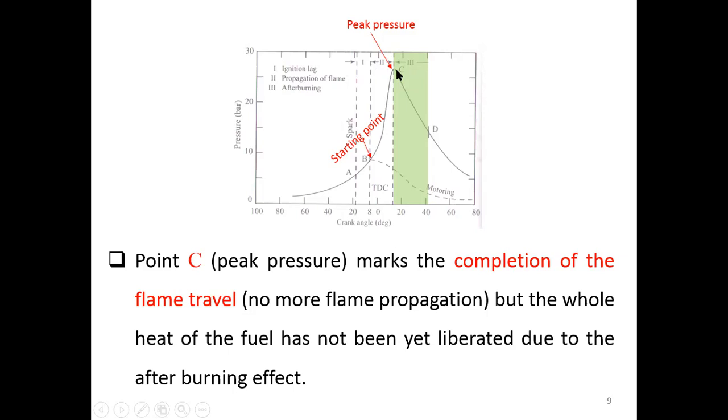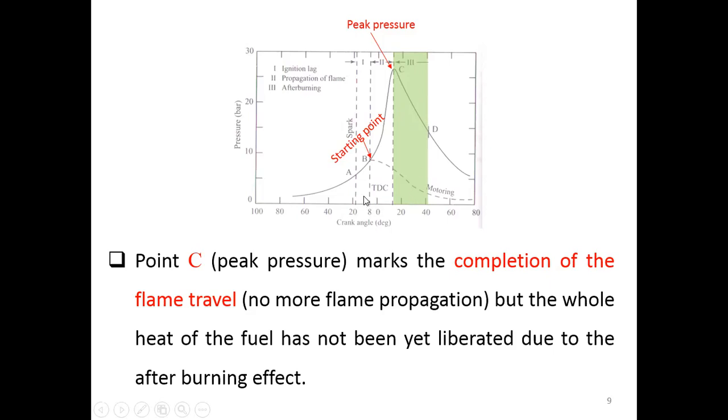Even though the flame travel stops, with no more flame propagation, the whole heat of the fuel has not yet been liberated, right? Because we still have the afterburning effects after that, or the third stage of combustion after here.